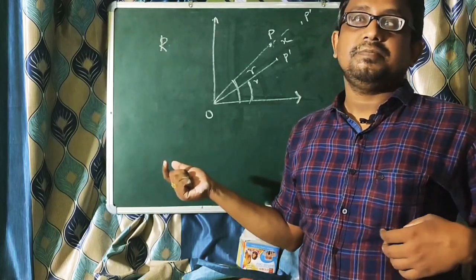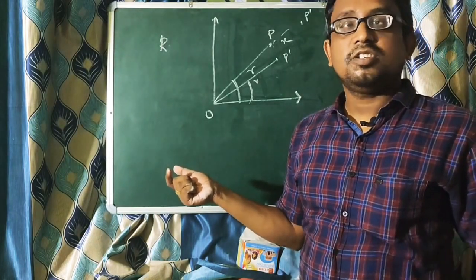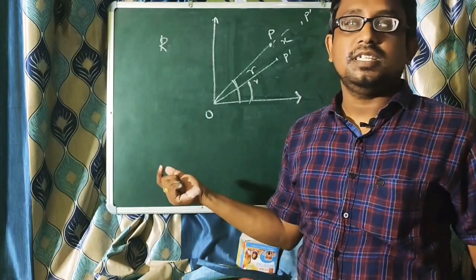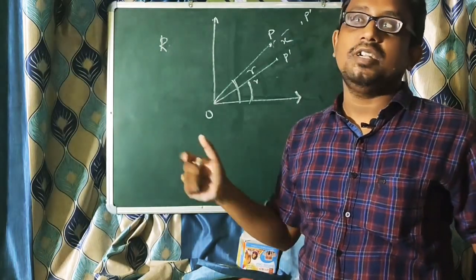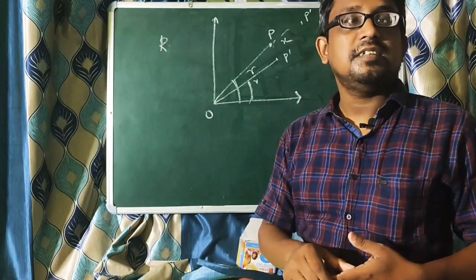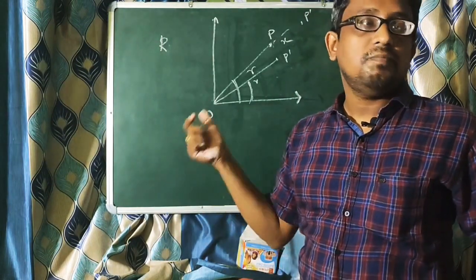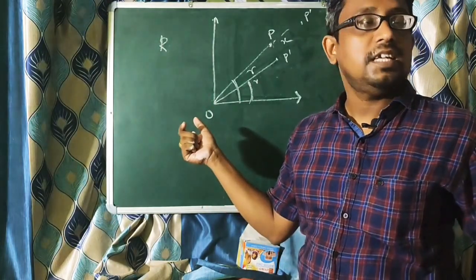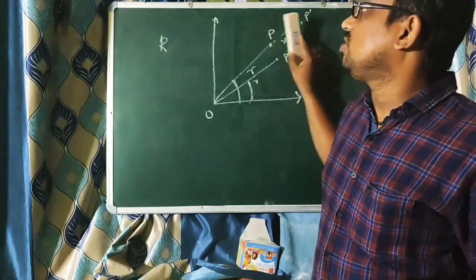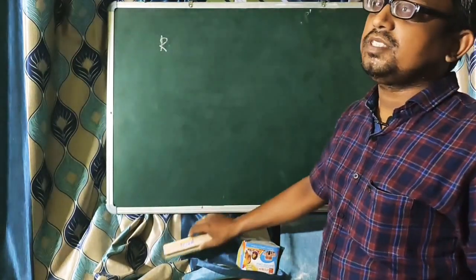That's why we can say the rest and motion of a body can be determined by the point of reference. That means by which point the body is watched. For some points of reference, the body will be in motion. For some points of reference, the body will be at rest. That's why rest and motion are called relative terms.